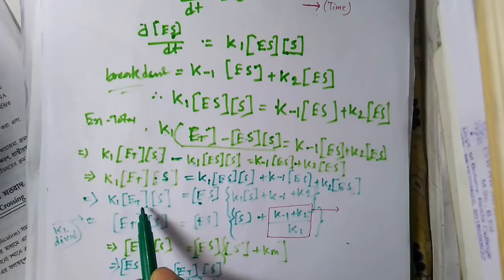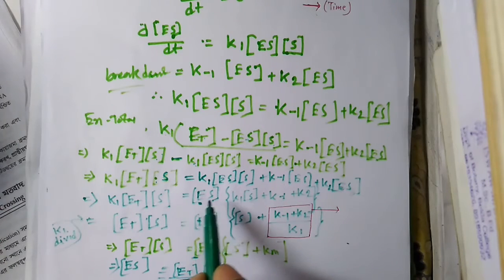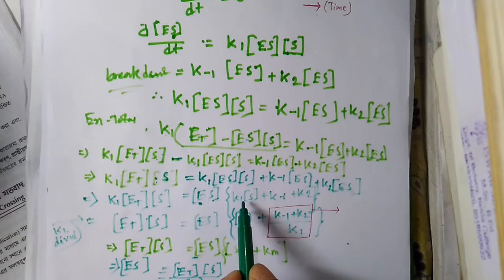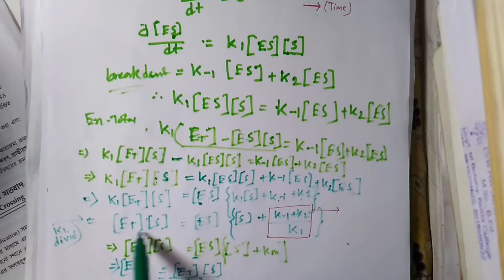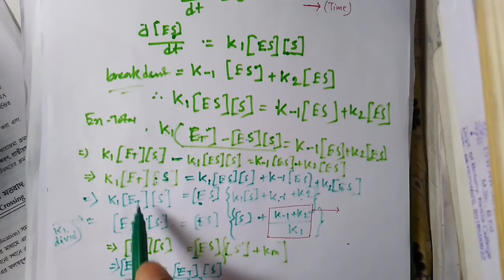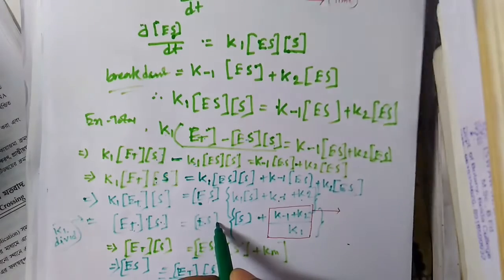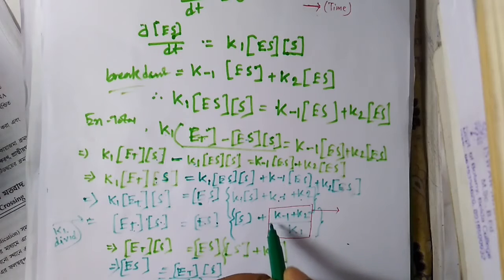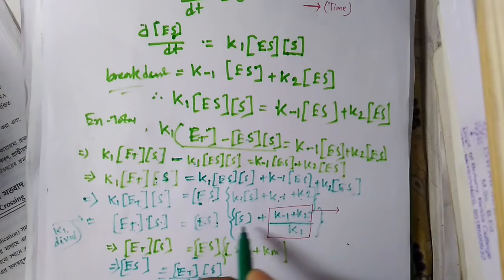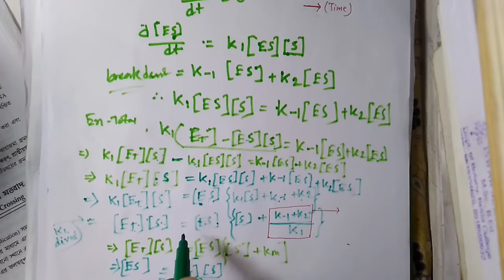Now K1 ET S is equal to ES times (K1 S plus K minus 1 plus K2), taking ES common. Then dividing both sides by K1, ET S is equal to ES times (S plus (K minus 1 plus K2) by K1).